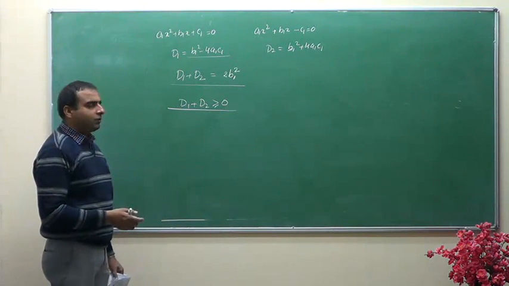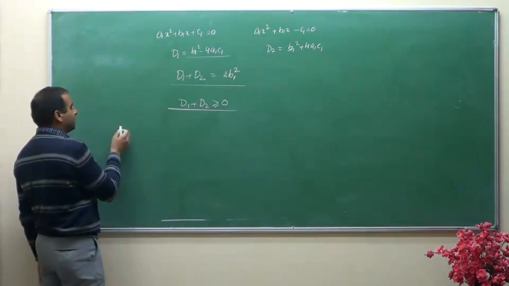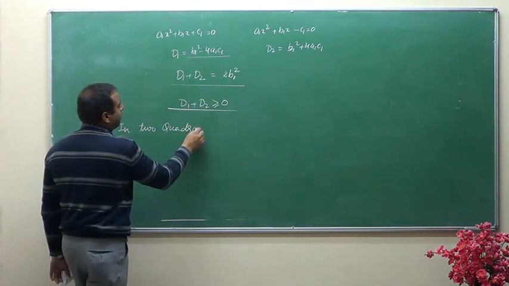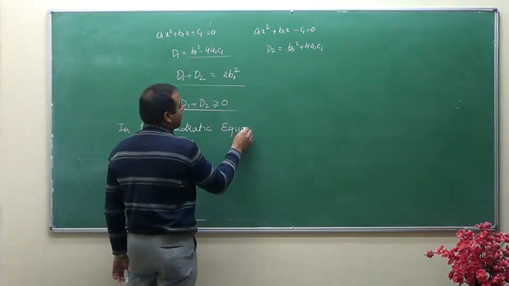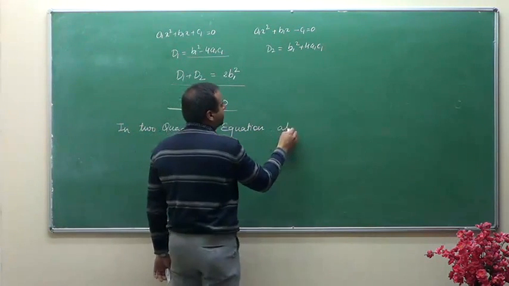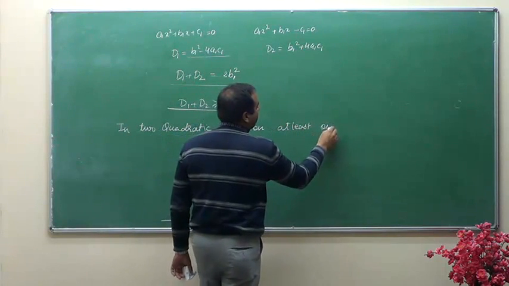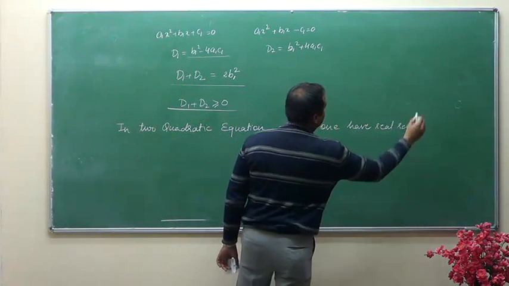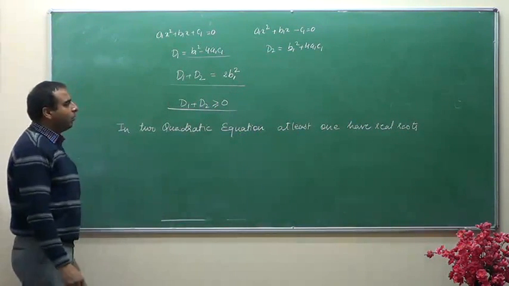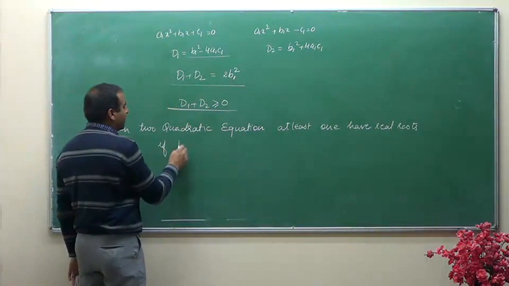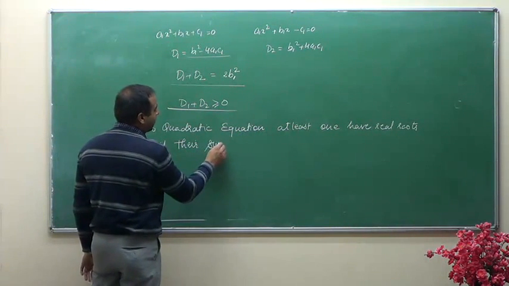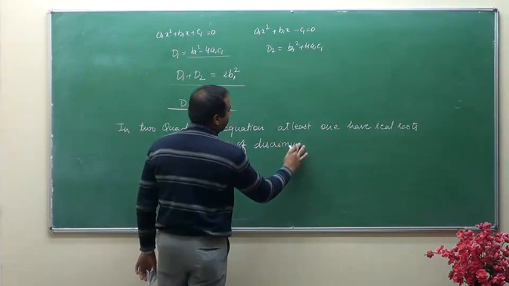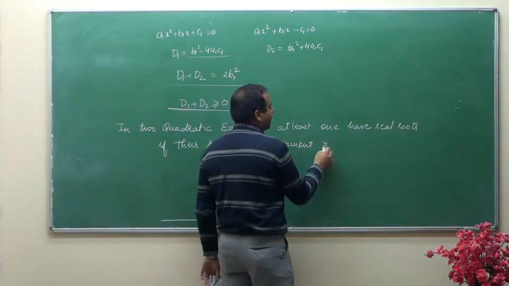So from this question, what is the conclusion we have to know? In two quadratic equations, at least one has real roots if their sum of discriminants is greater than or equal to 0.